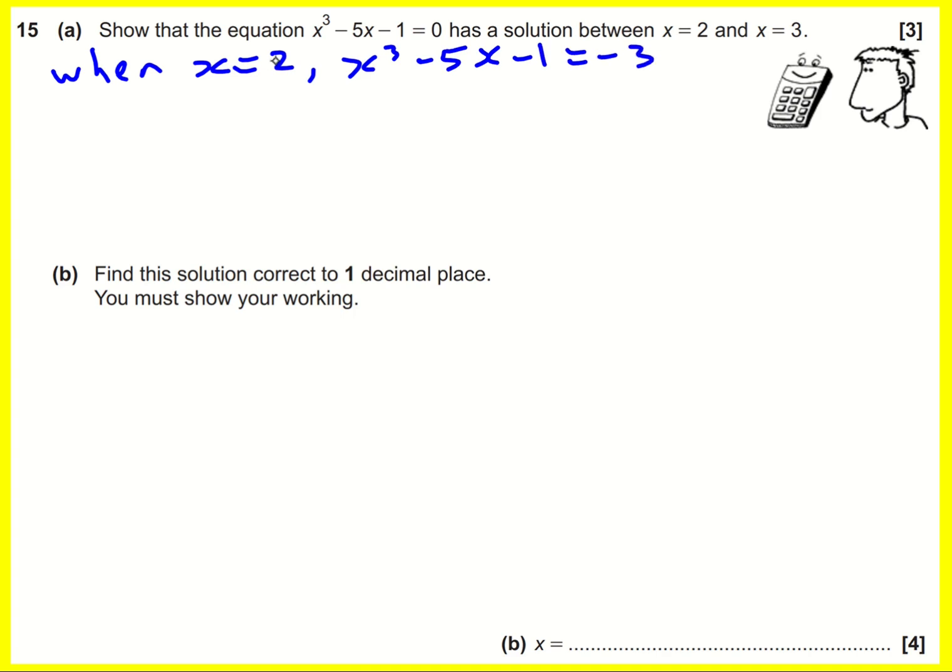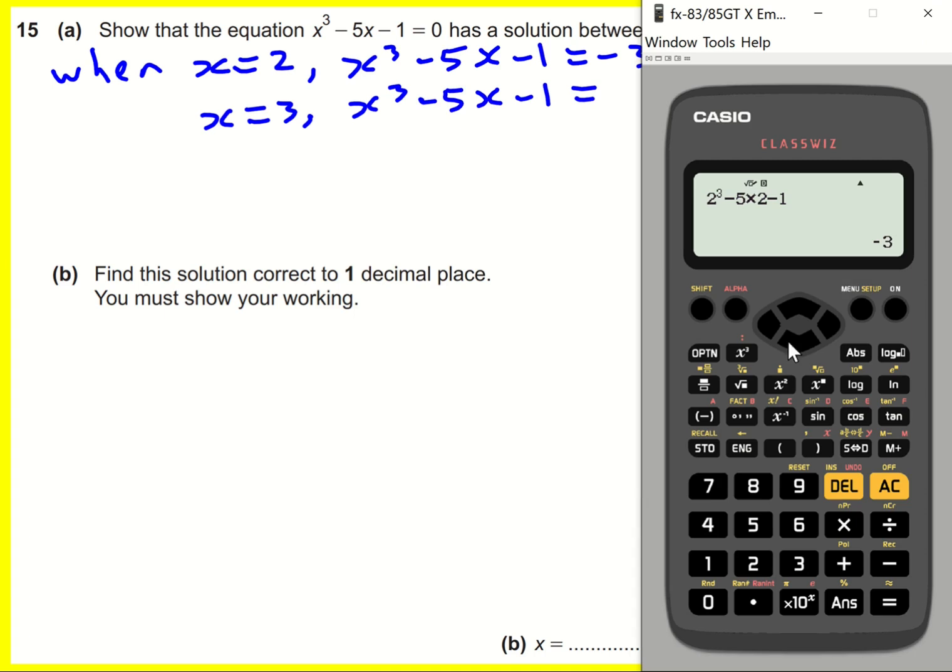Okay, so I know that 2 is not a solution because I don't get 0. When x is equal to 3, I get 11.